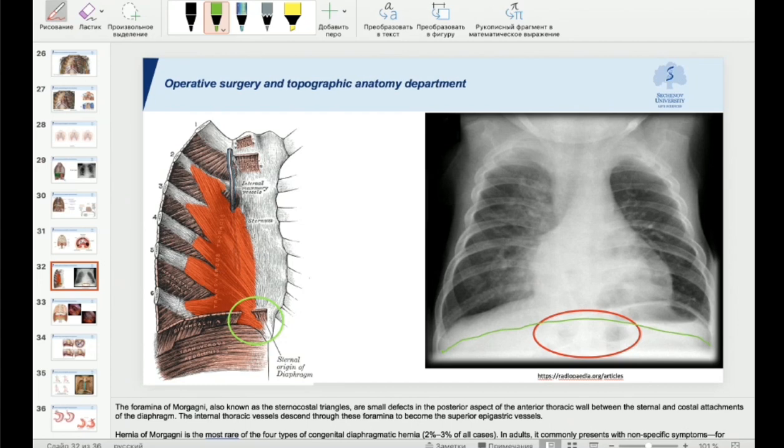But the foramen of Morgagni we can also call the sternocostal triangles. These sternocostal triangles mean that we have a very weak place in the diaphragm in front of the sternum and between ribs. About the Morgagni foramen and Morgagni hernia, we need to know that they are also very rare.